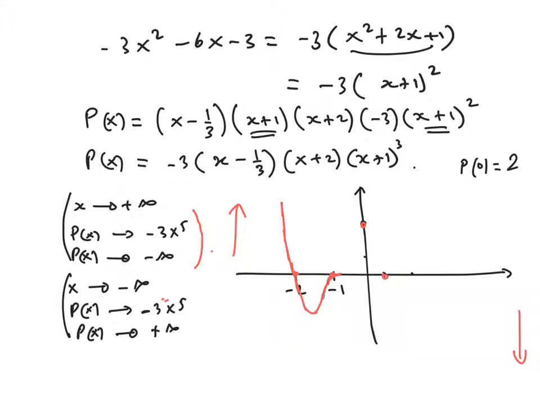It should look like this, a little bit flat and crossing. Now we go up to the y-intercept, then down again to the zero at 1/3, and then down again, because when x takes large values, p of x takes very small values.